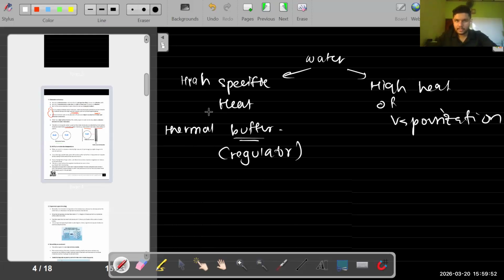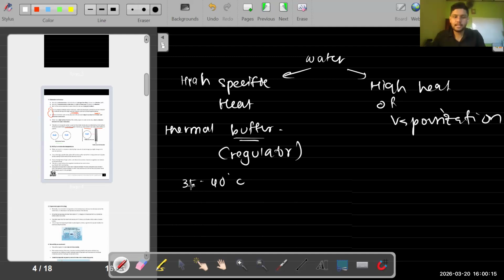Normally on earth there can be fluctuations of temperature, meaning changes in temperature. With time, if a temperature change takes place, water in our body acts as a thermal buffer. Now see, our body normally has a range of 35 to 40 degrees Celsius. This is our normal range.